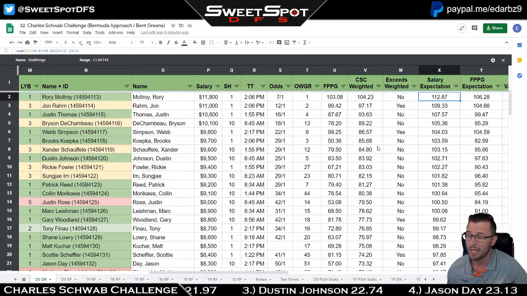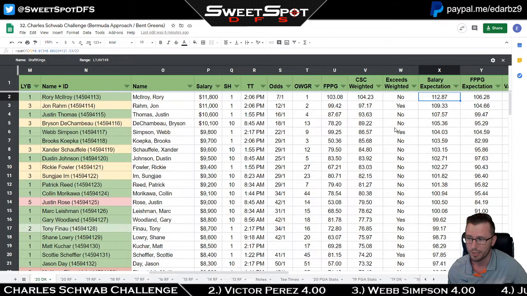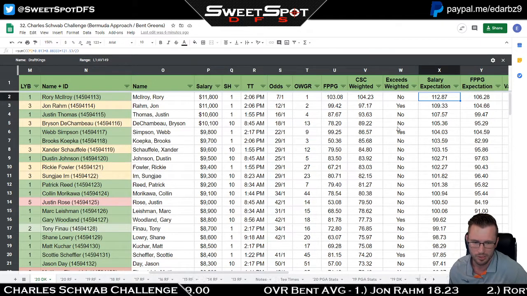With all that being said, when I look at these numbers, I don't like playing Rory. For DraftKings, 11-8 is too much. And if he doesn't get first, second, or third place, I just don't see him scoring to that threshold. In all honesty, he has to finish second place, but really bomb on one of the days, like have a few triple bogeys, a few quads.